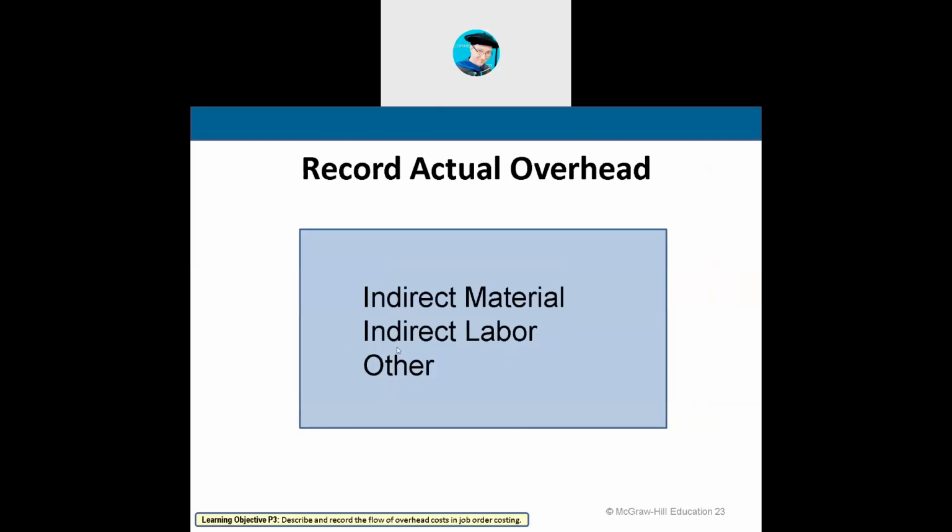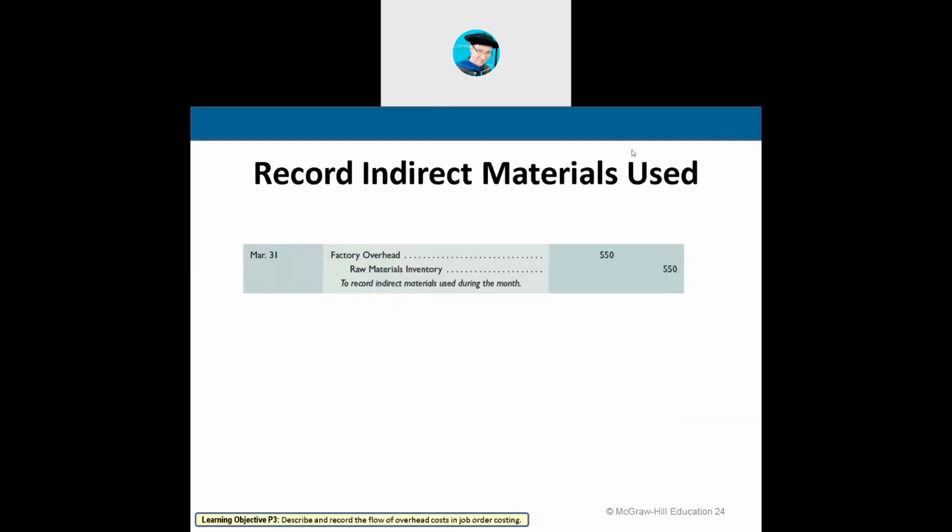And then, of course, there's actual overhead, which includes things like indirect materials, indirect labor, and other things like utilities, rent, etc. To record the indirect materials used, we debit factory overhead, increasing factory overhead, and we credit raw materials inventory.